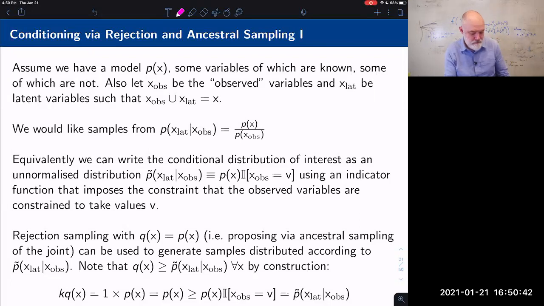Does that make sense? That imposes the constraint that the observed variables are constrained to take values V. This is an unnormalized distribution.